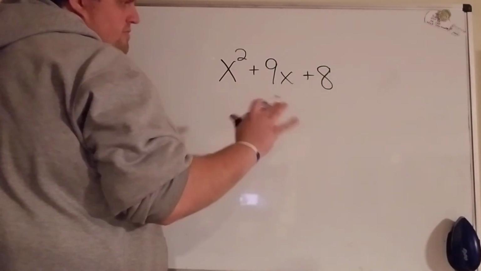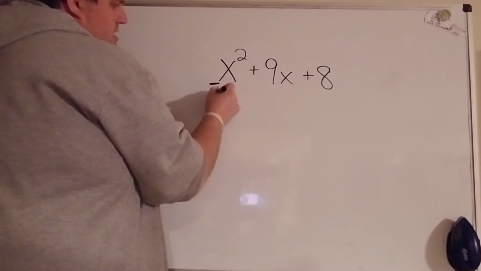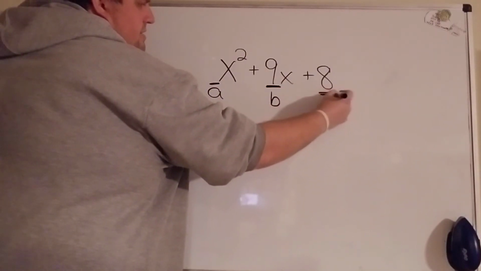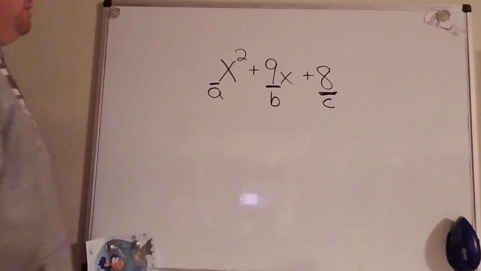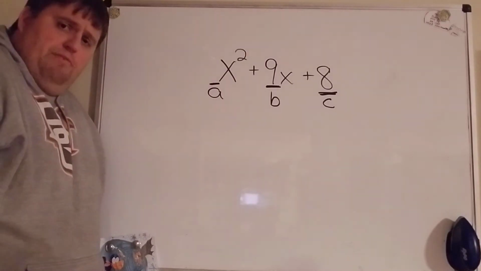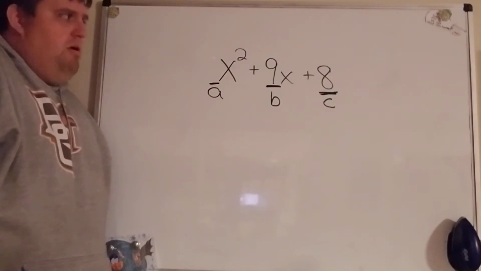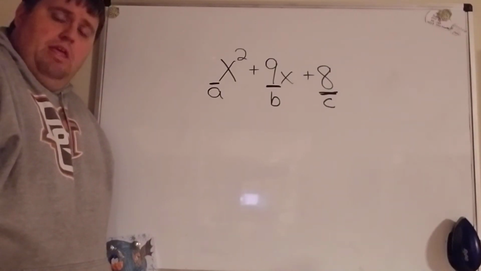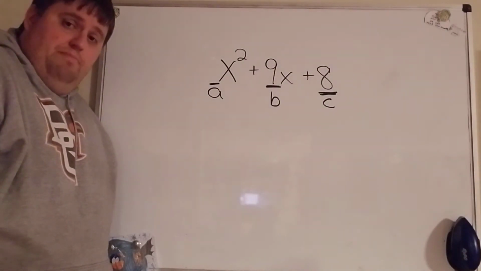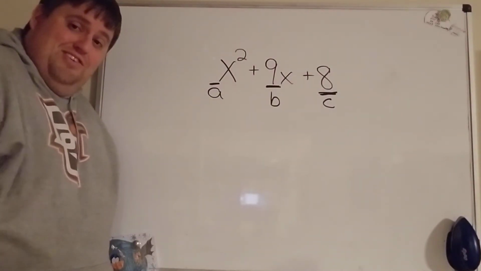If we call this standard form, these coefficients typically are A, this one B, and this one C. When A is 1, there's no number in front of x squared, just a 1. This is the most general form of trinomial factoring, and all the ones we're going to talk about today have nothing in front of x squared. If you have something in front of x squared, it probably has a greatest common factor, and you should take that out to start with.